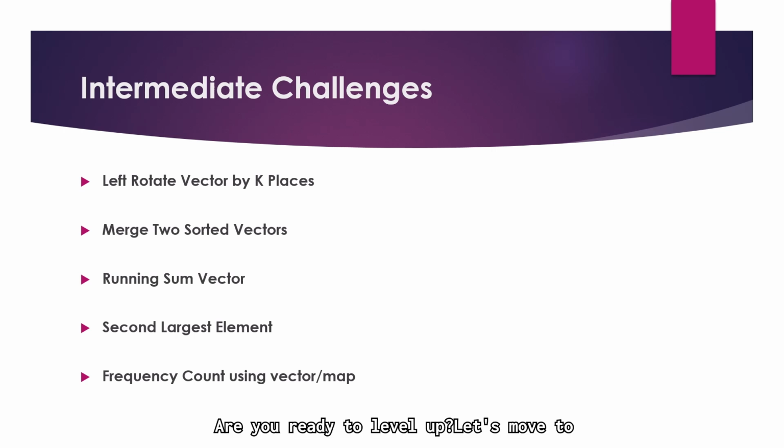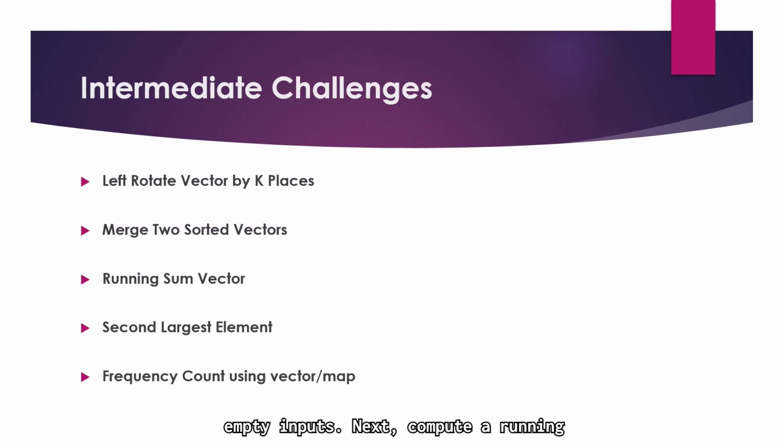Are you ready to level up? Let's move to intermediate challenges. First, try rotating a vector to the left by k places. Do it manually without building rotation functions at first. Then merge two sorted vectors into one sorted vector, of course. Don't forget to handle edge cases like unequal sizes or empty inputs.